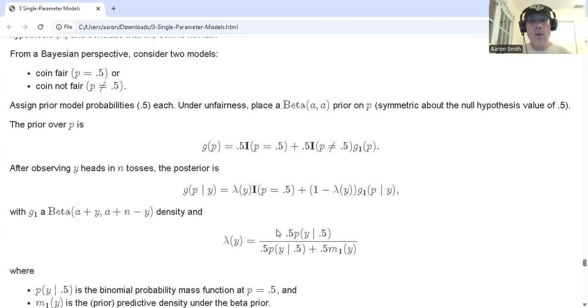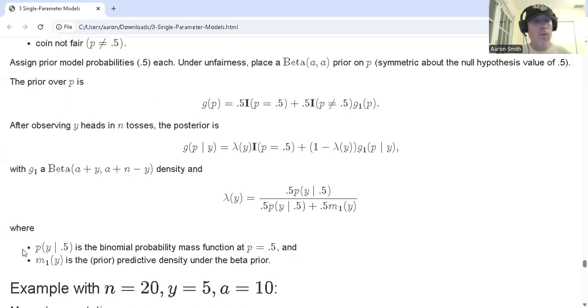And so now here I'm going to set up what the lambda of y is. So p(y given 0.5) is the binomial probability mass function at p equals 0.5, and m1 of y is the prior predictive density under that beta prior.